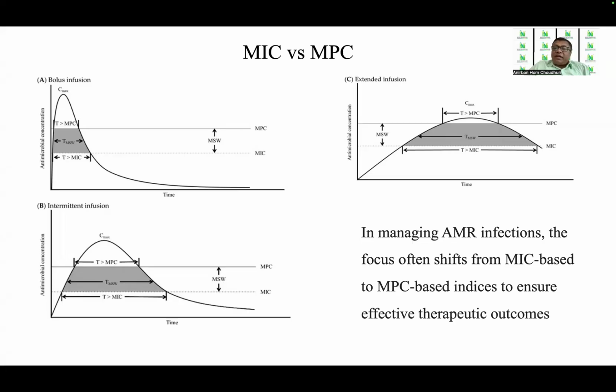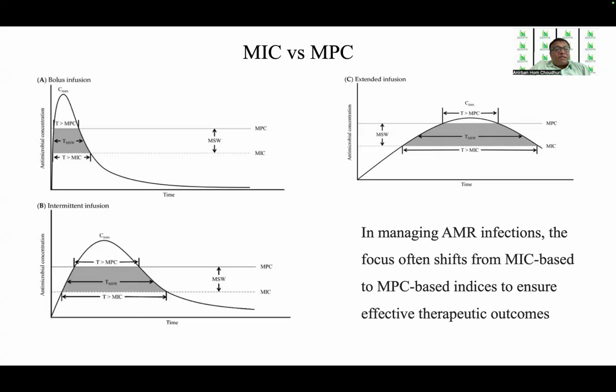That is called the MPC. If a drug remains for a long time between the MIC and the MPC, that window determines how quickly or how efficiently the bug is going to acquire resistance to that drug.